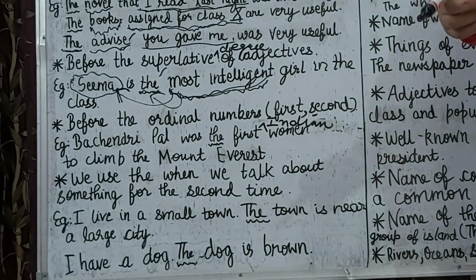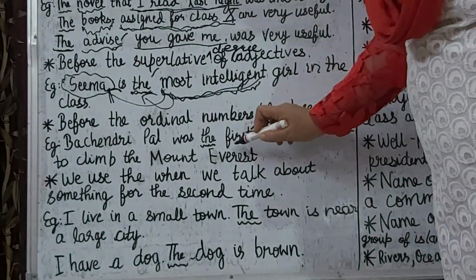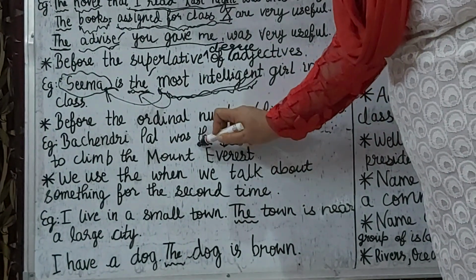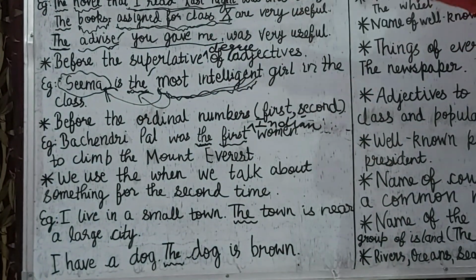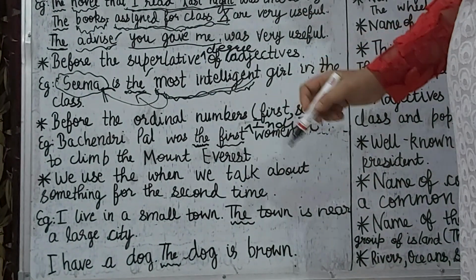Have you ever heard her name? She was the first to climb the Mount Everest. So here with the ordinal numbers we use the: first, second, third, fourth and so on.